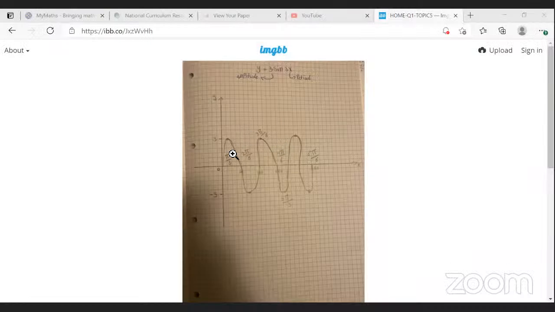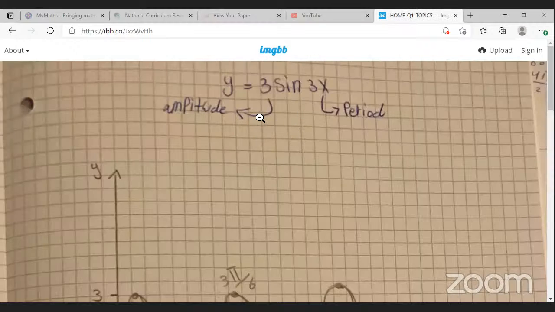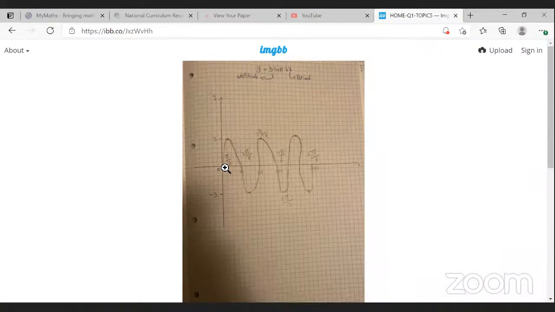Okay, so who is this? This is Abdurrahman Alanazi. So let me share yours for the class. So this is Abdurrahman, this is your graph, and you were supposed to draw the graph of y is equal to 3 sine x. You put the amplitude and the period in there, and you've got 3 cycles.